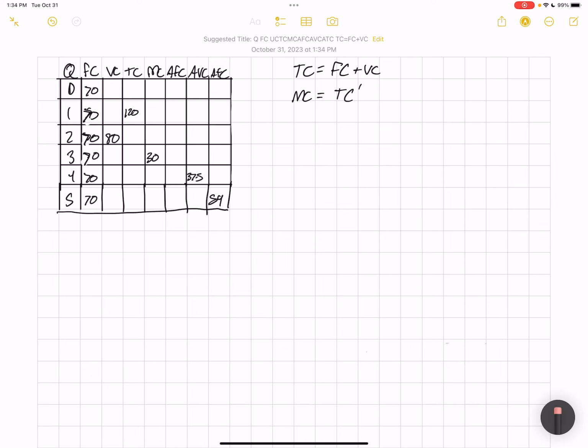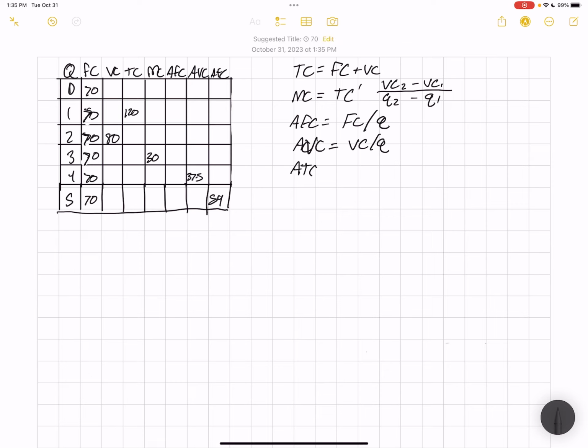So sometimes that's going to be variable cost 2 minus variable cost 1 over quantity 2 minus quantity 1, and that works when you have a linear cost curve. Average fixed cost equals fixed cost divided by quantity. Average variable cost is variable cost over quantity, and average total cost is total cost over quantity.